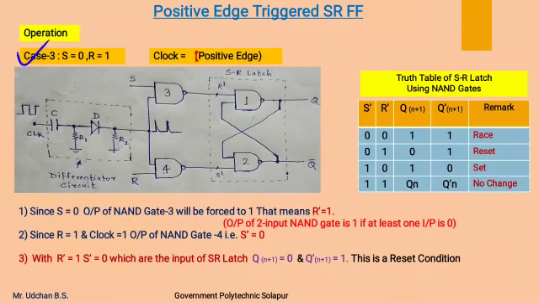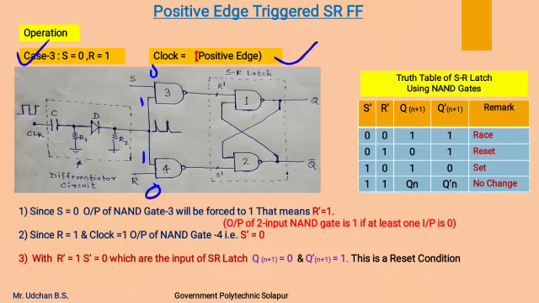Now we will see the next case in which S is 0 and R is 1. Again the clock is having a positive edge. So here now S is 0, R is 1, and as the clock edge is considered as a positive edge, the second input to NAND gate 3 will be 1 and another input to NAND gate 4 will also be a 1.